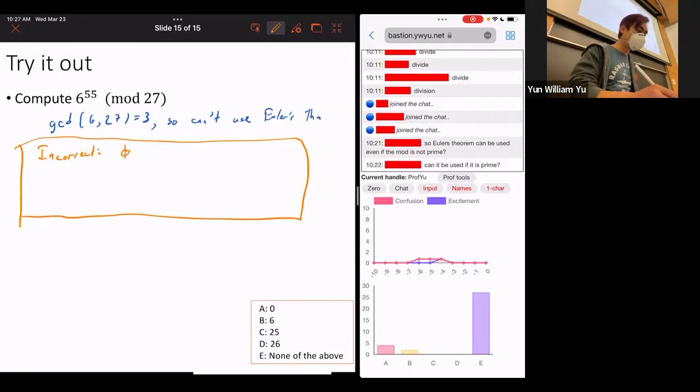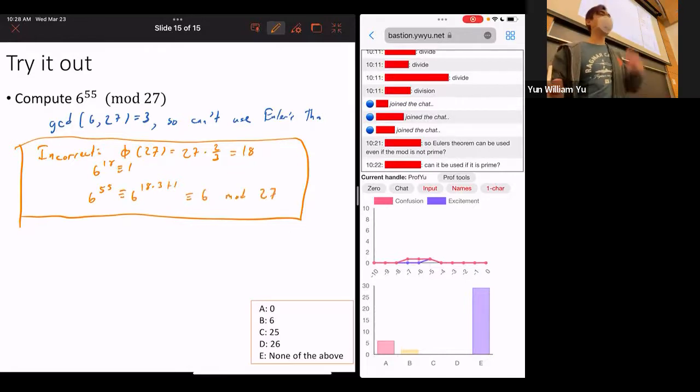If you try to use Euler's theorem, you get phi of 27 is equal to 27 times 2/3, which is equal to 18. So you claim that 6 to the 18 is congruent to 1. So 6 to the 55 would be congruent to 6 to the 18 times 3 plus 1, which is congruent to 6 mod 27. So I assume that someone got B because they did it this way without checking the conditions. So this is wrong.